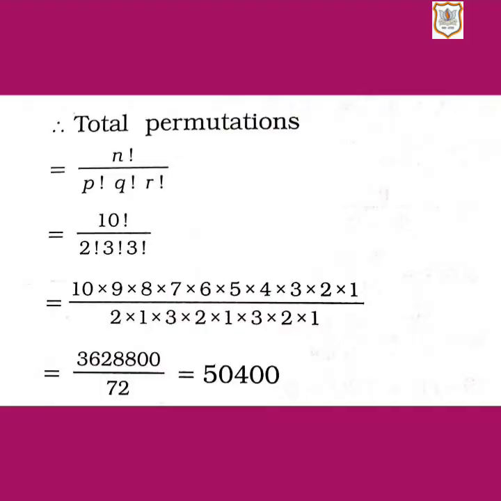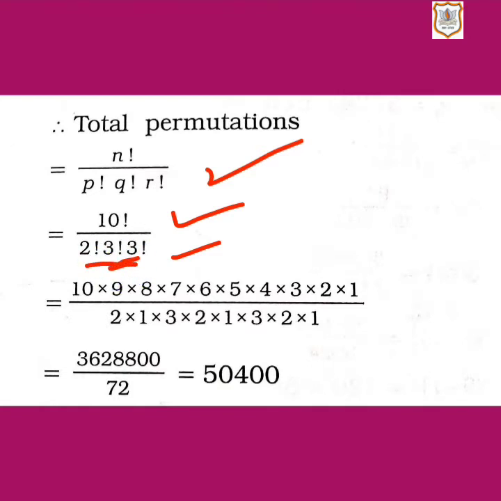So here we can see the formula of permutation, that is n factorial upon p factorial q factorial r factorial, and we know the values of all these, so we'll put the values. So it is 10 factorial upon 2 factorial, 3 factorial, 3 factorial. The repetitions can be p, q and r in any order, you can write it in a shuffled manner.